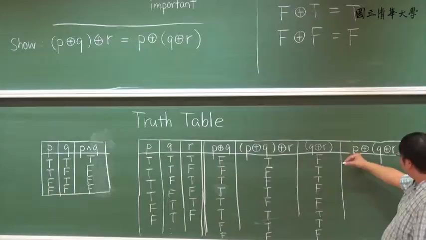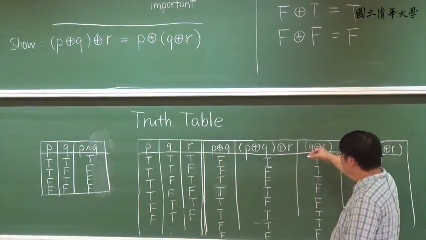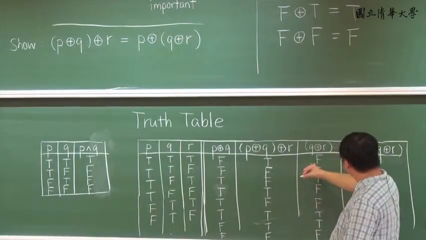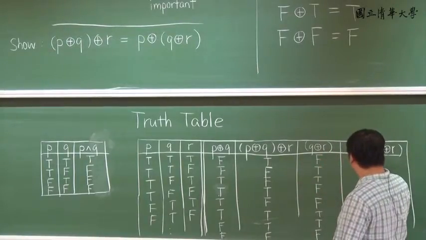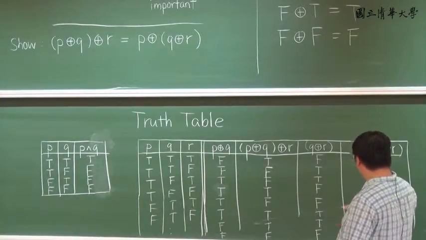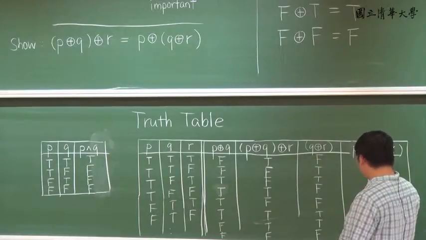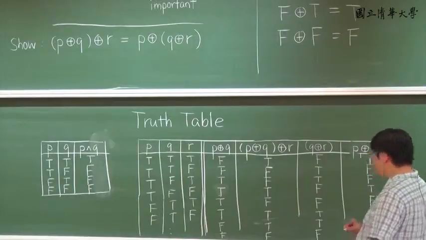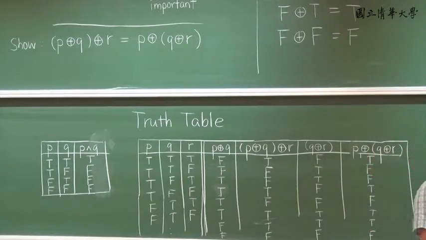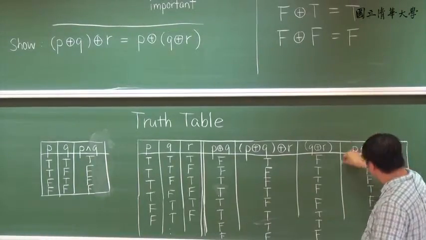And finally, we have P exclusive or Q or R. So P in the first case, they are all true. So it will be true, false, false, true, and then false, true, true, false, something like this. Is it okay?